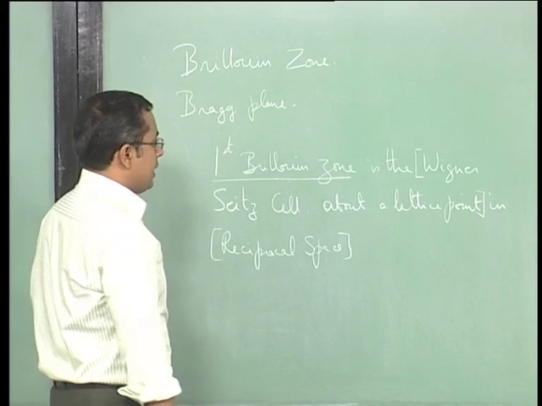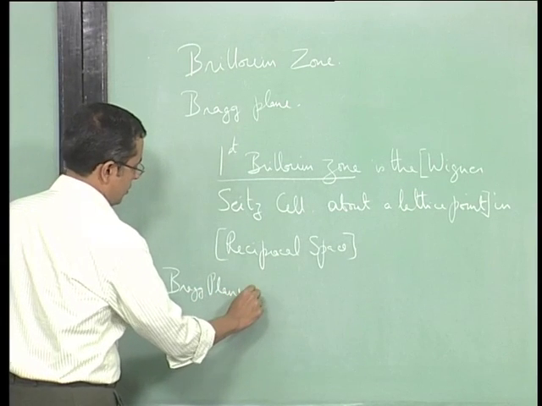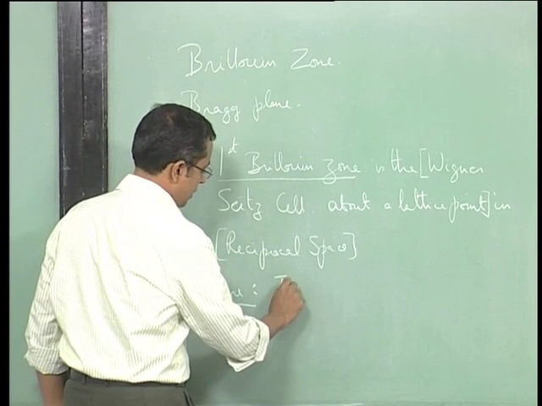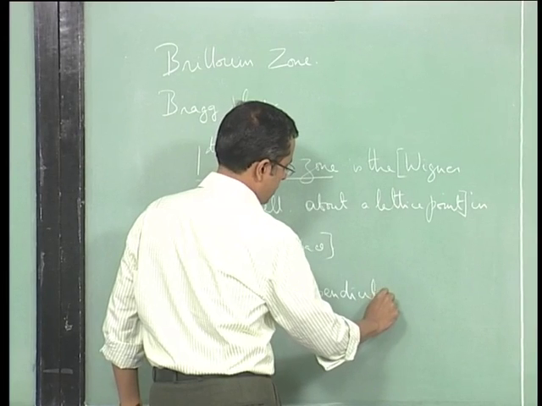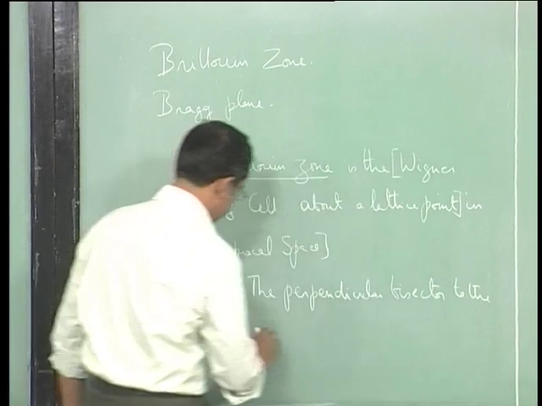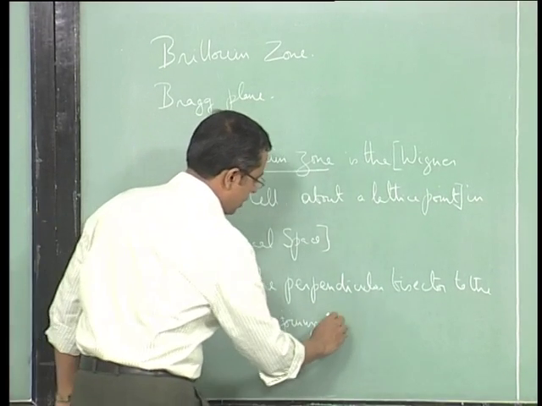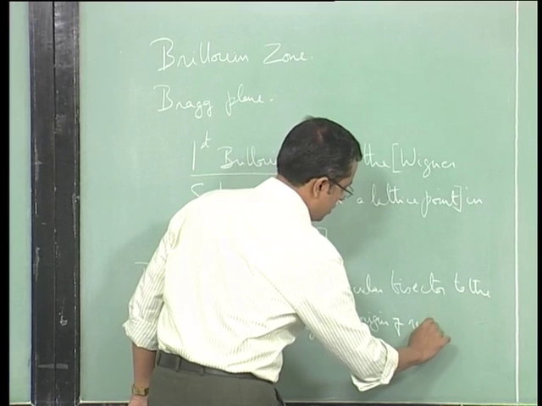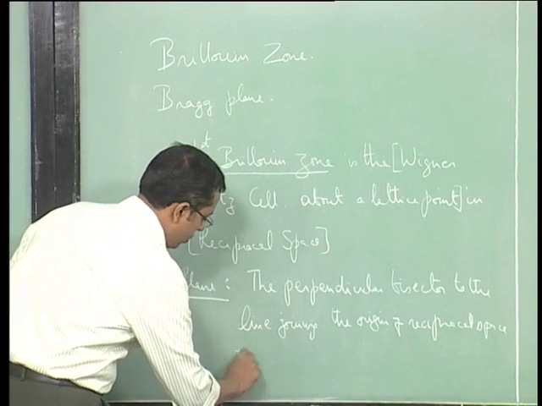Okay, so a Bragg plane is the perpendicular bisector to the line joining the origin of reciprocal space to any reciprocal lattice point.